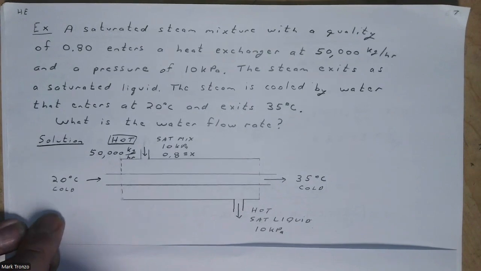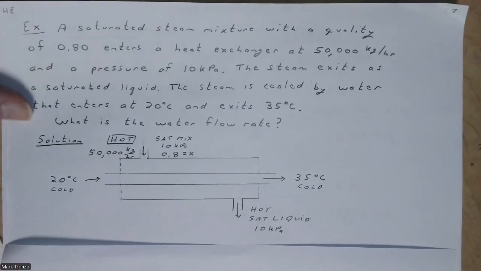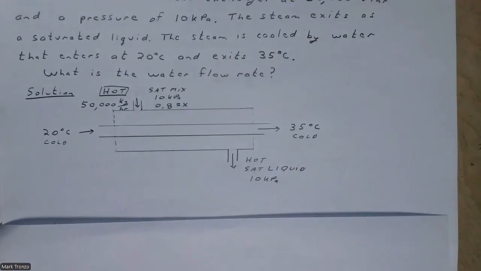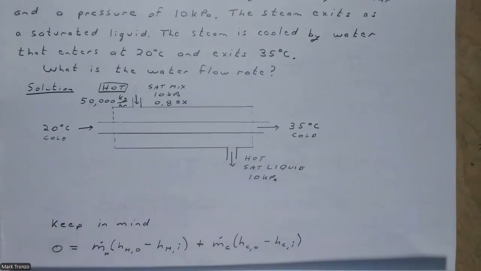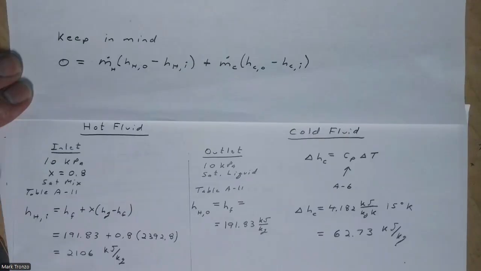Water is going in at 20 degrees C and exiting at 35 degrees C. Again, I'm going to go through this much more quickly than the last ones, so you can slow things down or stop the video if you need to. Once again, keep in mind this equation we're going to use. Again, keep in mind we have an inlet 10 kPa, saturated mixture 0.8.